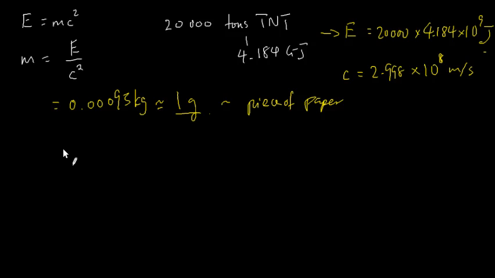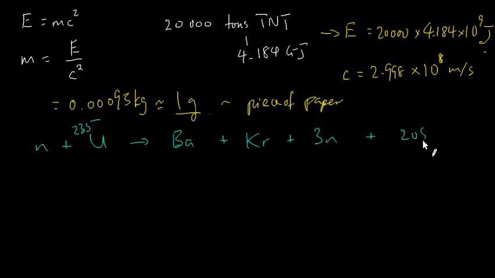Now, if you recall the equation, it went something like this, right? You have a neutron plus uranium 235 becomes a barium nuclide, a krypton nuclide, 3 neutrons, and this amount of energy, 205.5 MeV.